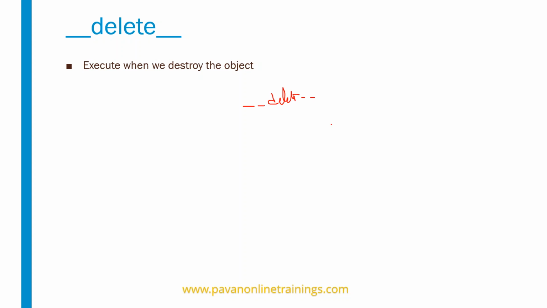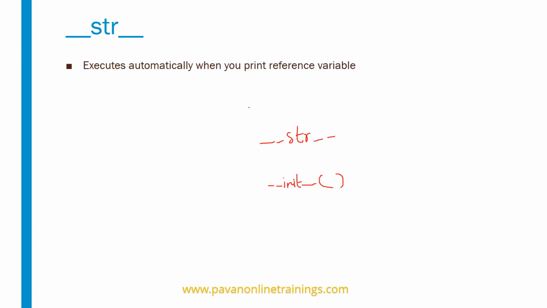So these are the three methods we have: __init__, __str__, __del__. __init__ is a constructor basically, which is automatically invoked at the time of object creation. __str__ is a method which will be invoked whenever you print the reference variable. And __del__ will be executed whenever you destroy the object.